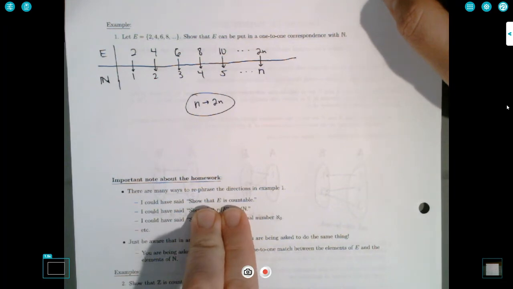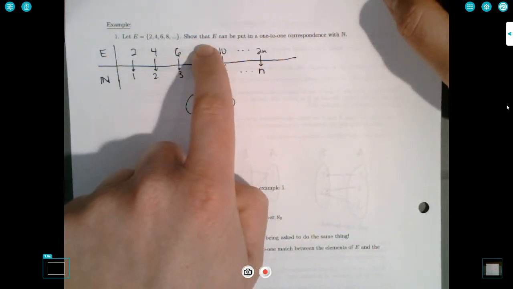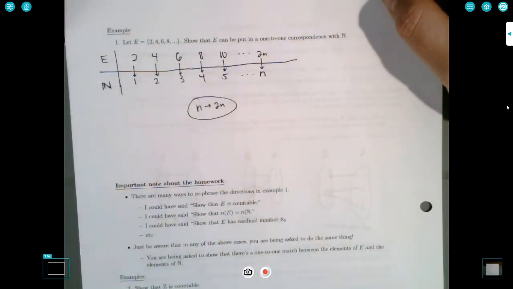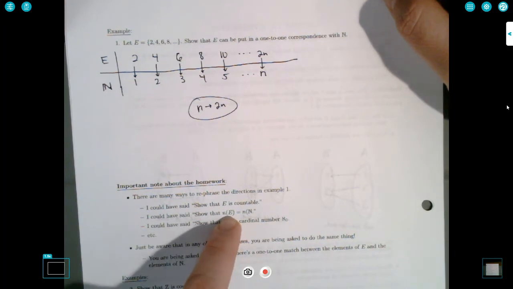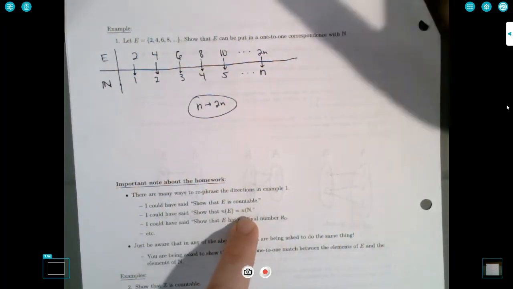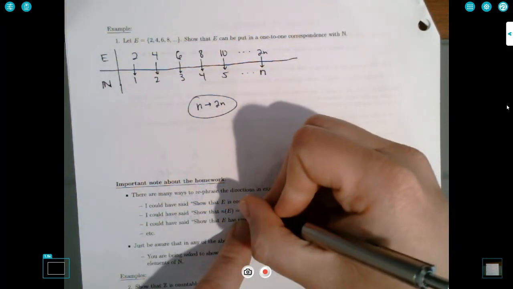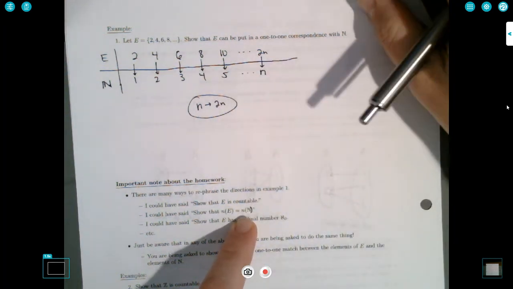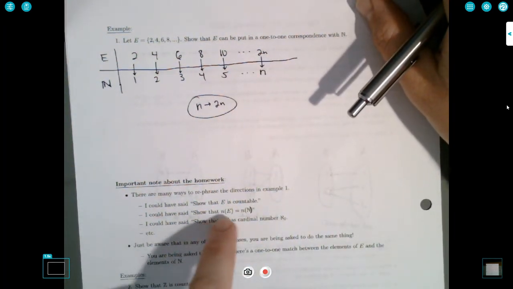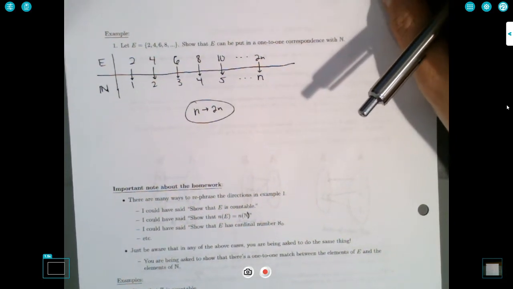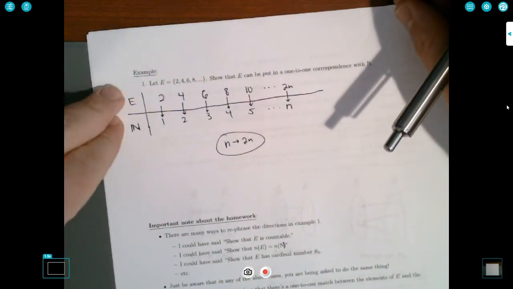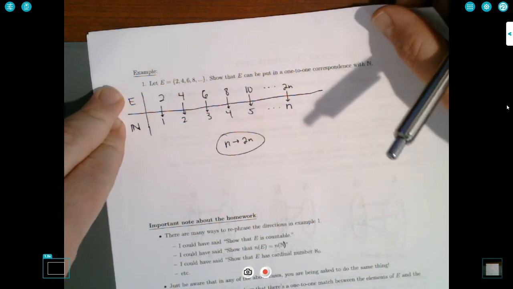So this is asking you to do exactly the same thing. If I say show that E is countable, I'm saying show that E can be put into one-to-one correspondence with the natural numbers. Or I could have said show that the cardinal number of E is equal to the cardinal number of N. Same thing, right? So how do you show that? You show that you can put them into a one-to-one correspondence.